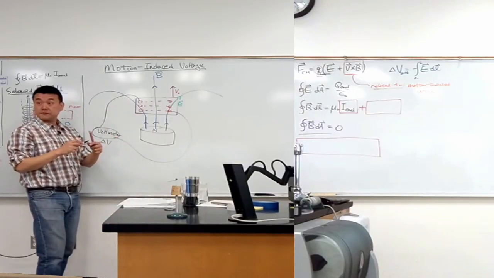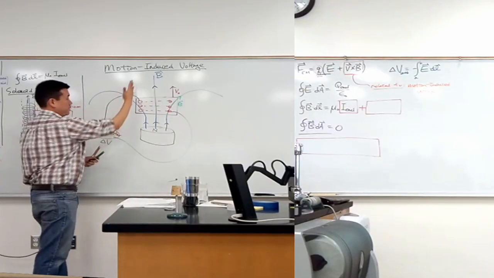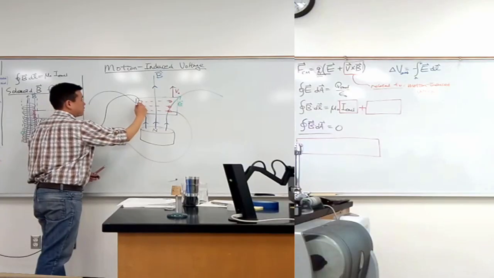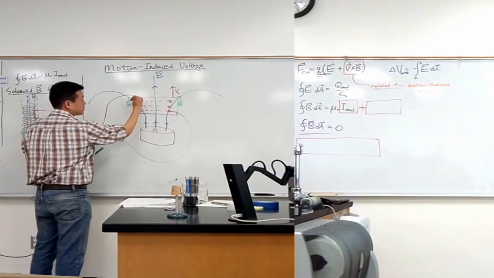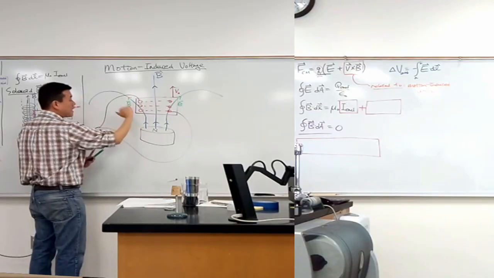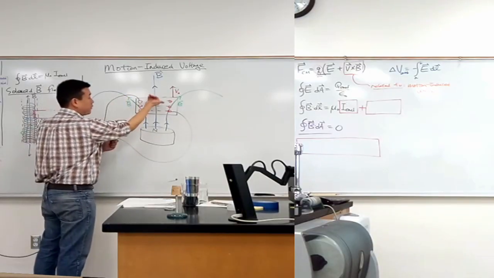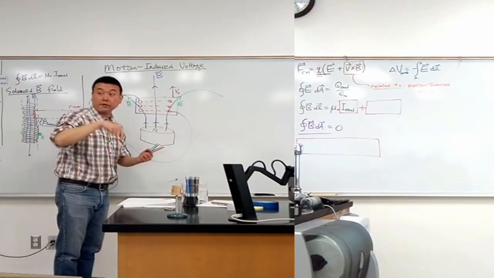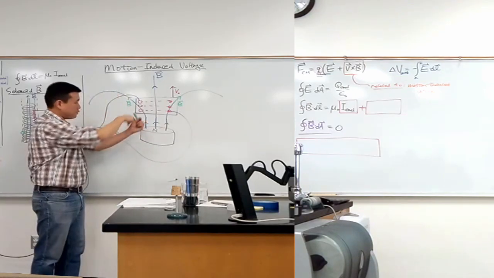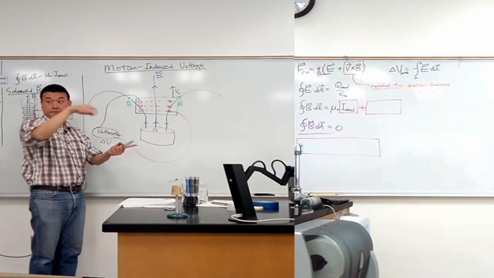Is that the case? Yeah, V cross B. So this is the direction of the magnetic field, so V cross B is out of the board. As you imagine going around the entire loop, if you're looking down from above, V cross B will be going counterclockwise, so with each one of these loops, they add up.